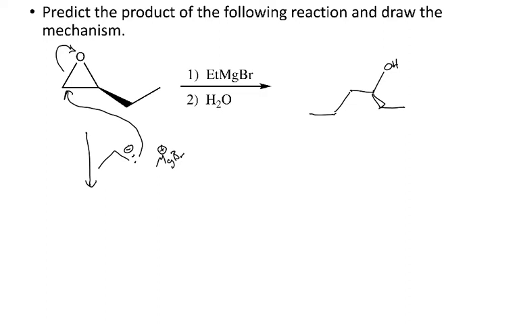So my intermediate, add my nucleophile, and then the last step again is a proton transfer with the water. All right, and so that's my product and the mechanism for this example.